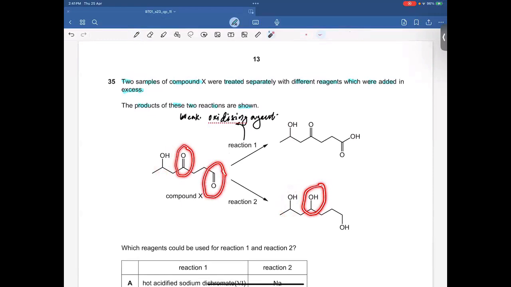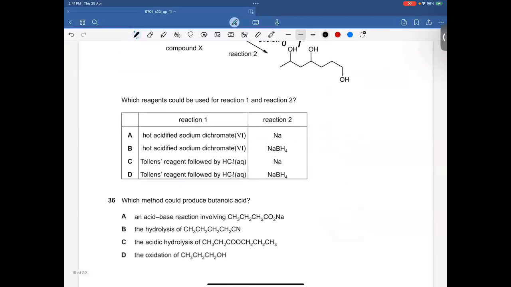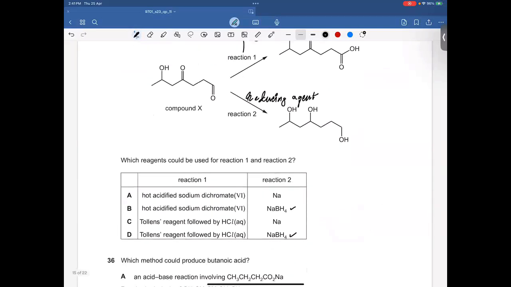Similarly, this aldehyde will turn to primary alcohol, which means these two functional groups are converting into secondary alcohol and primary alcohol, which means reduction takes place. So we need a reducing agent in this situation. So in reaction 2, we need a reducing agent, and in reaction 1 we need a weak oxidizing agent.